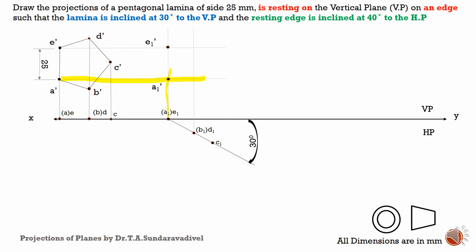Similarly, B and B, I will get B1 dash, D1 dash, and C1 dash. Then after getting this, we have to join all the points in order. Though it is the front view, we are giving the name dash. It is a global notation, so we have to follow the same. So now we got all the points of the apparent shape.